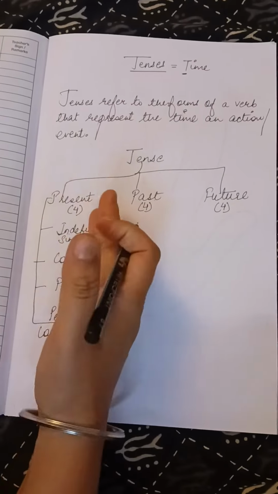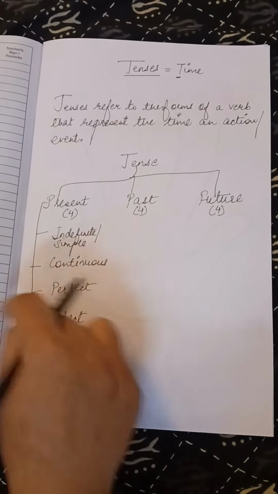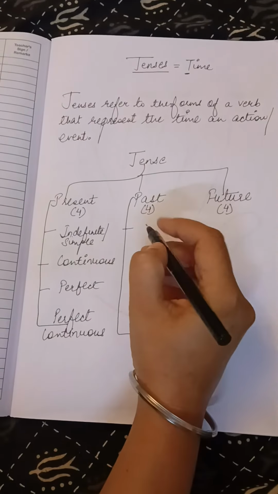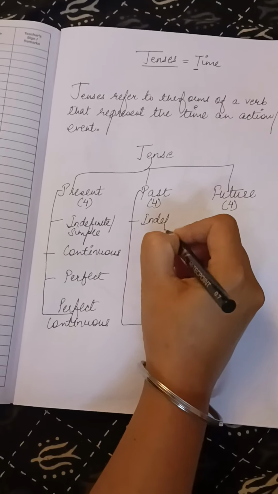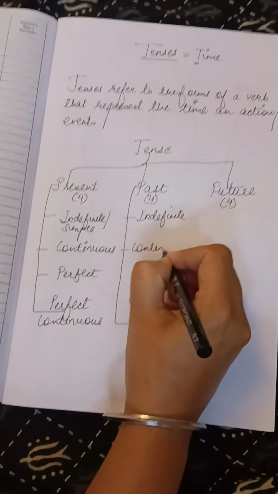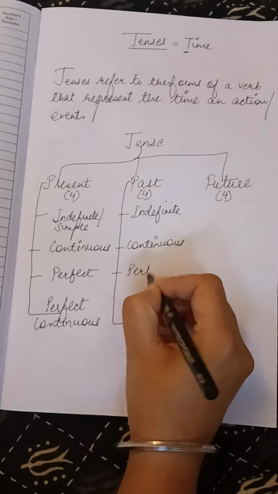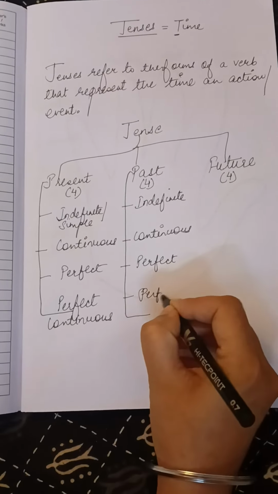In a similar manner, past tense also wanted to copy the present tense. So he also said the same thing, that I am going to keep the names of my sons the same. Let's see: indefinite, continuous, perfect, perfect continuous.